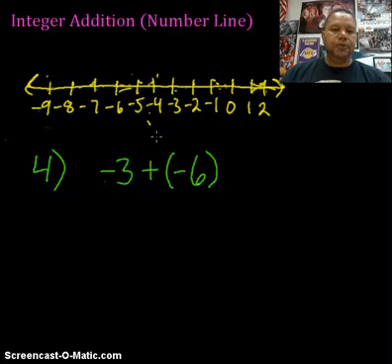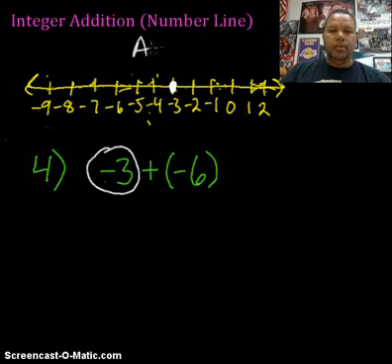Okay, here is our fourth example. We have -3 plus -6. Once again, we start with our first number, -3, and put that on our number line right here. Again, we are adding, but we are not adding a positive number, we are adding a negative number. So we are going to move to the left as though we're subtracting.